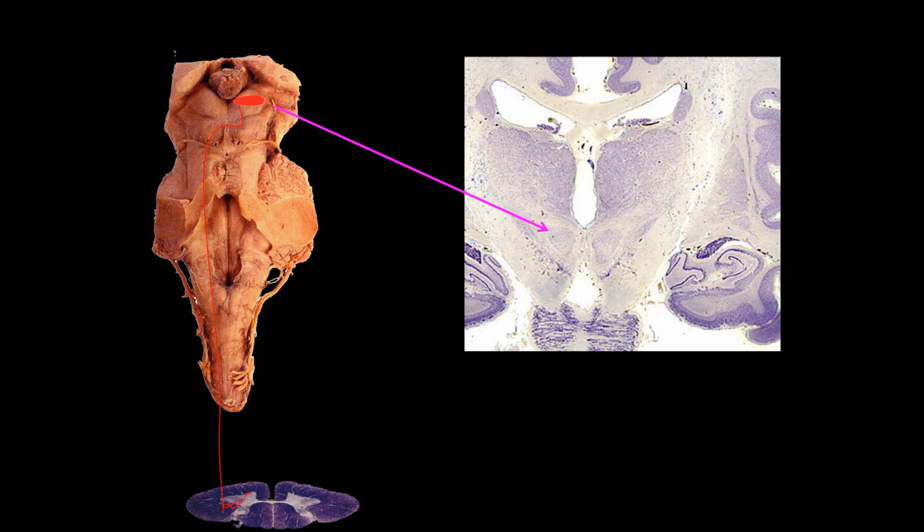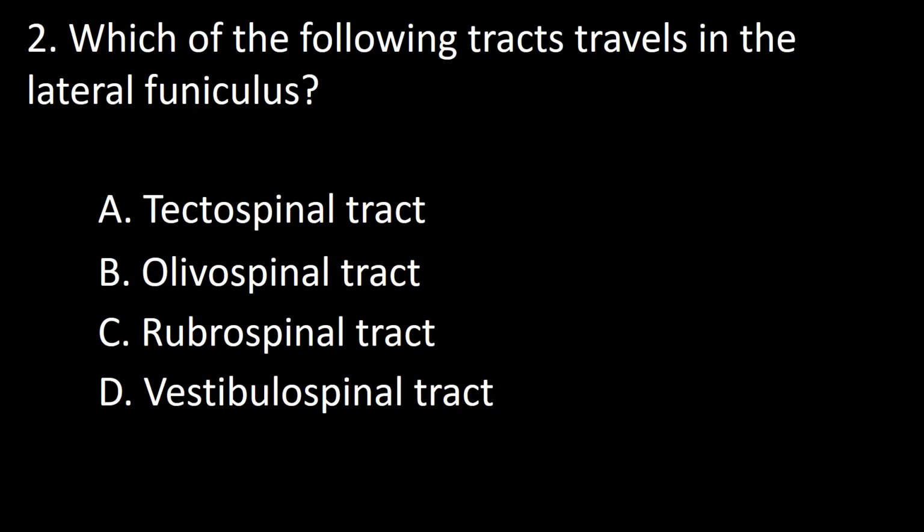In this frame, you can see the trajectory of the rubrospinal tract. Notice that shortly after its origin, this tract crosses to the other side. The specimen I have introduced corresponds to a coronal cut going through the red nucleus. The red nucleus is indicated by the arrow. So the answer to this question is C.